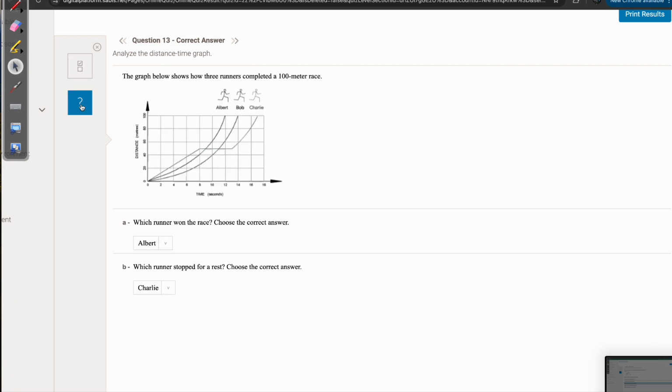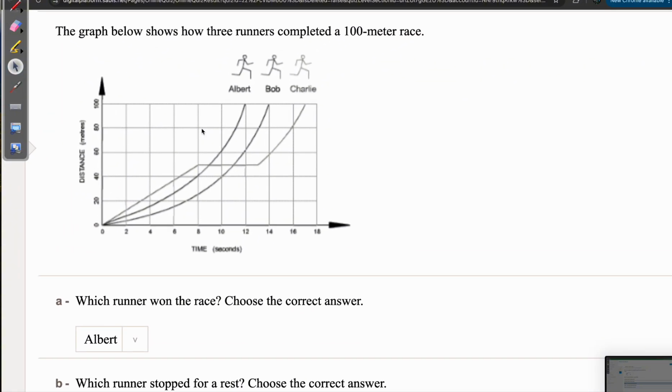Number 13. The graph below shows how 3 runners completed a 100-meter race. Which runner won the race? To decide this, we're just gonna figure out which graph reached the 100 meters first.